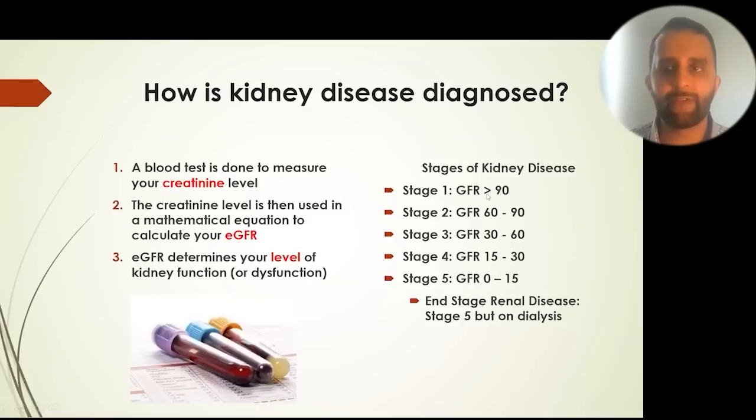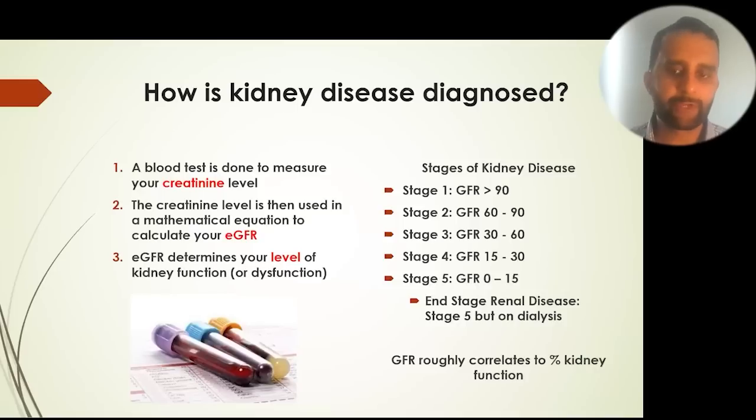It could be greater than 90, 60 to 90, 30 to 60, 15 to 30, or finally between 0 and 15. The higher the number for your GFR, the better, and the lower the number, the worse it is. For those in stage 5, they could be on dialysis, or they may not be on dialysis.